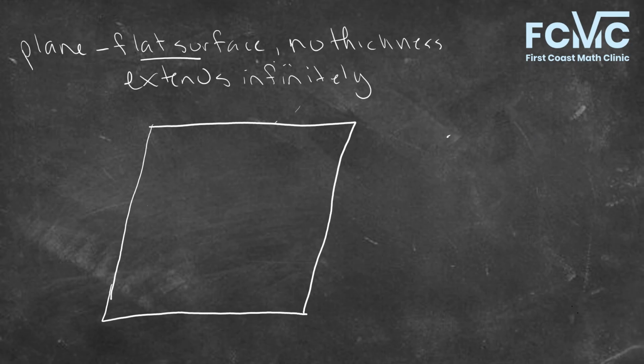So we've got our plane here, and there's two specific ways that we can name our plane. Let's think about, first of all, what's on our plane. So we have our points on our plane. Let's put a couple points here. We've got points X, Y, Z, W, and we could have our lines.